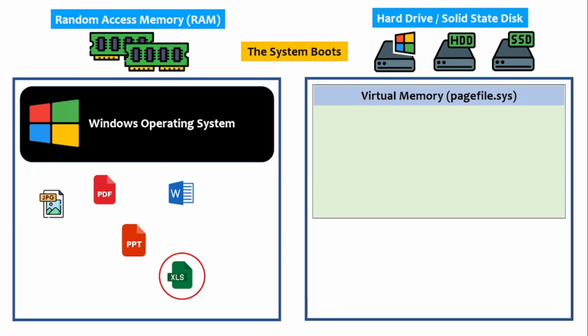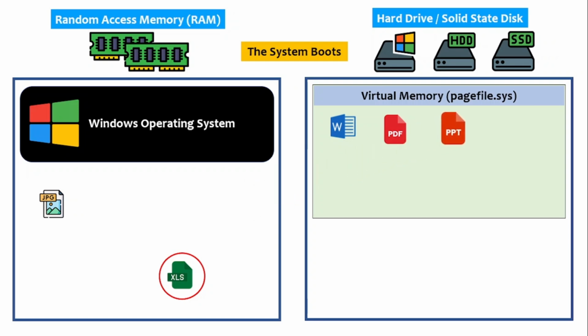So the operating system will move some of the inactive programs to the virtual memory, that is a part of the hard drive. This will free up space on the RAM for other immediate tasks. And let's say we stopped working on Excel and started working on MS Word. Now MS Word is active and Excel is inactive.